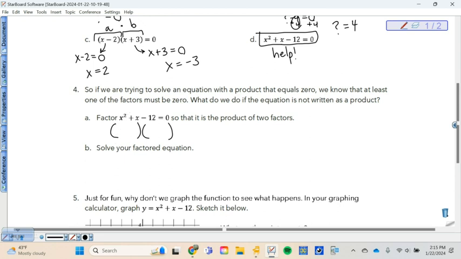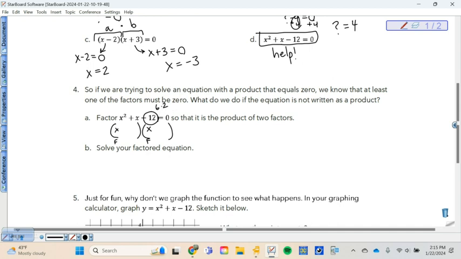So remember, my first times first has to give me this. So I know my first and first has to be x and x. But then how am I going to figure out what goes here and here? Where do I look? Yeah, look at that 12. What are the factors of 12? We just came up with them earlier.